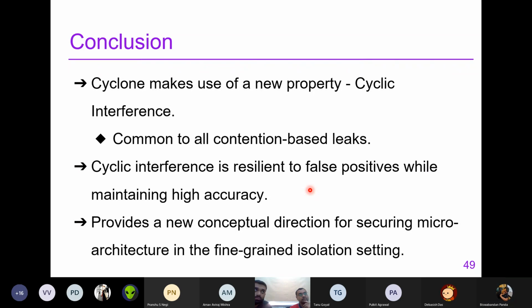Your model is as good as what is available in today's market. Absolutely. So tomorrow, if I come up with a new attack vector that is super slow, I'm not worrying about my agility, it may take a year to attack my last level cache, but it can fool Cyclone. Yes, sir. By so slow, you're saying the rate of cyclic interference events will be very low, but he can still get the data. Then I think he can fool Cyclone.